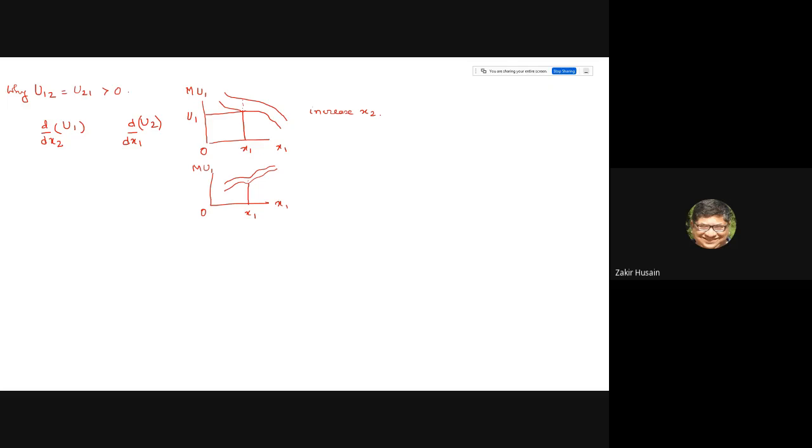So the increase in utility from the wooden seat, will it be more or less? It will be more. So the quality of the food x2 going up is going to enhance your marginal utility of x1. And obviously the reverse is also true.